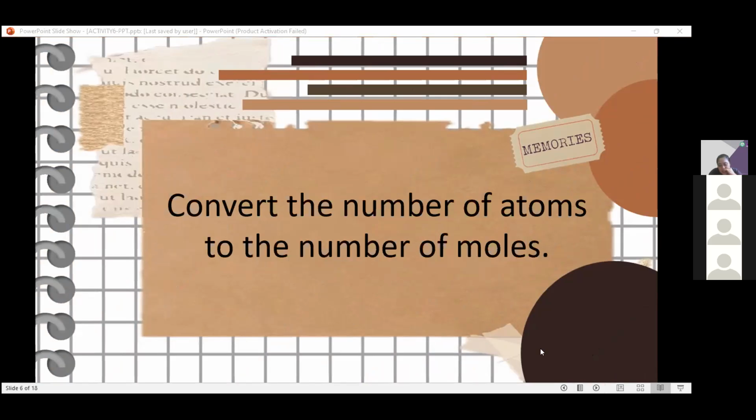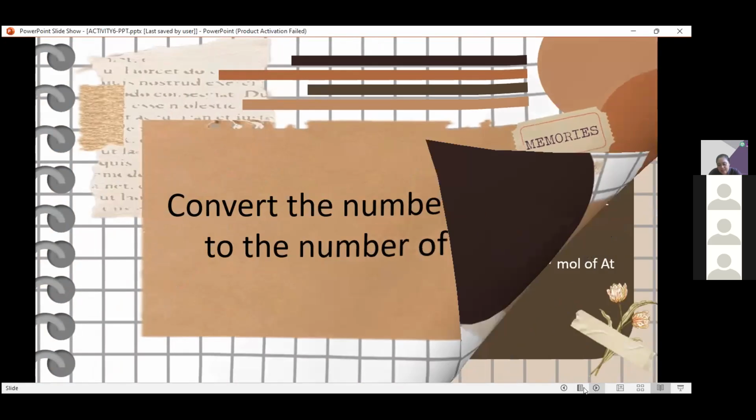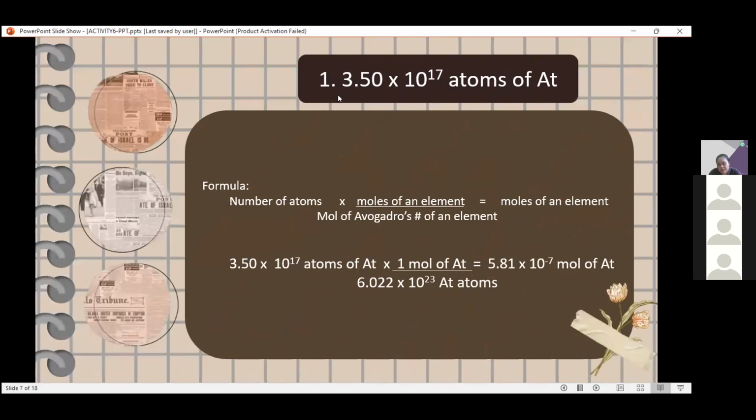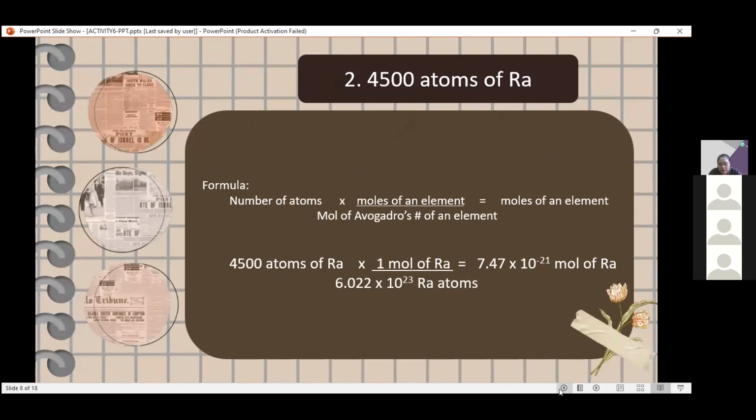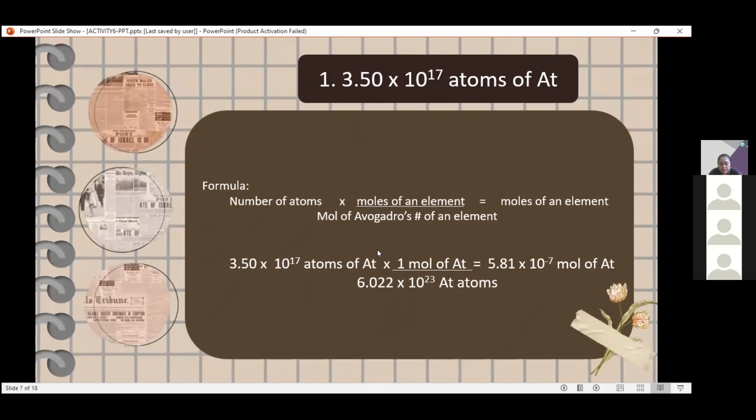Convert the number of atoms to the number of moles. So we have here 3.50 times 10 to the power of 17 atoms of astatine. So the formula is number of atoms times moles of an element over mole of Avogadro's number of an element is equal to moles of an element.